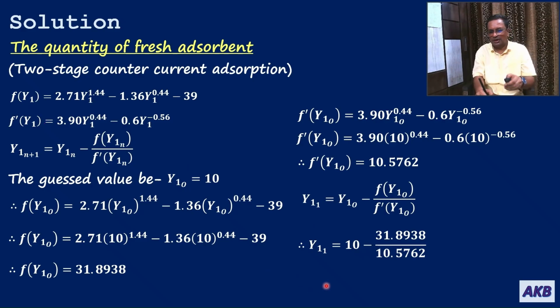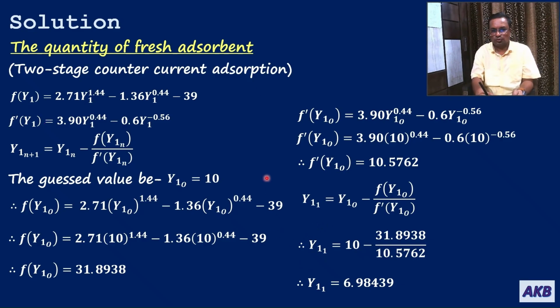In the next step, y11 will be my old value, and I will be getting a new value for y1. I will have to do this until I get a constant value for y1. Once that happens, we have arrived at the solution.